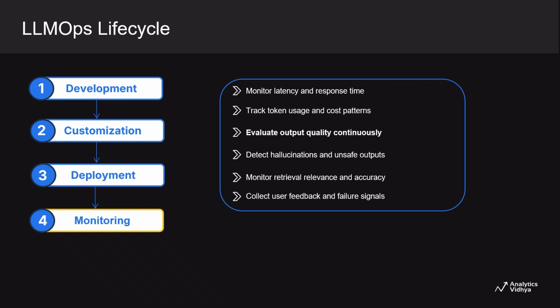Fifth, we monitor retrieval relevance and accuracy, especially in RAG systems. If retrieval degrades, answer quality will drop. And finally, we collect user feedback and failure signals. User behavior often reveals problems before dashboards do. Monitoring ensures the system remains reliable, safe, and cost effective over a period of time.